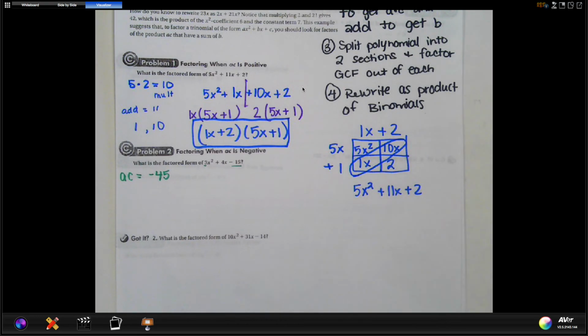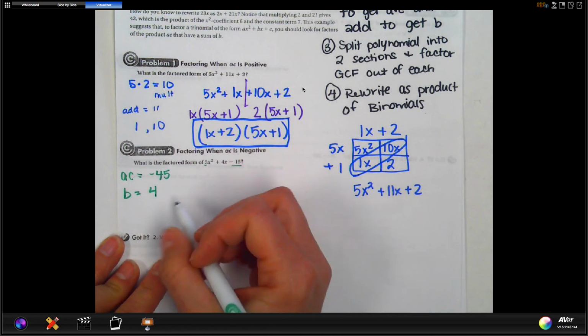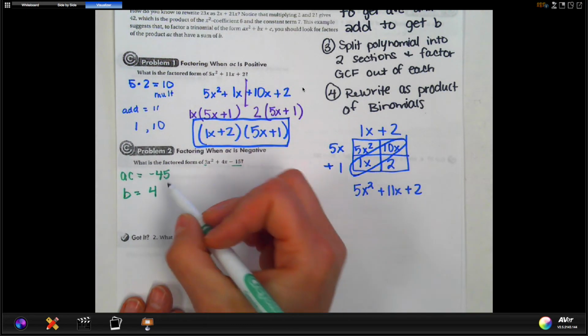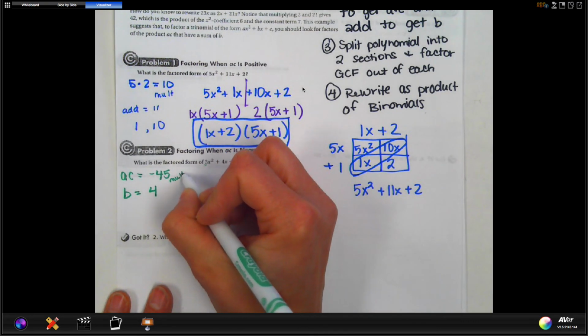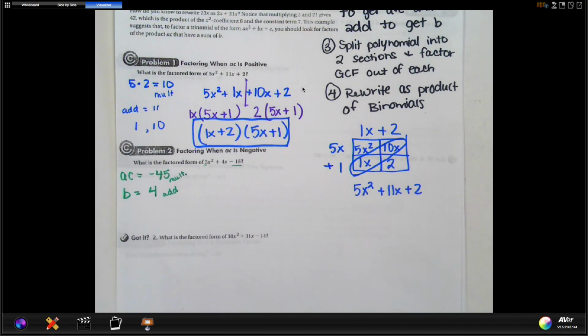What do they have to add to get? 4. They have to add to get 4, okay? So we are looking for numbers that multiply to get negative 45 and add to get 4, okay? So let's think about this for a second. What two numbers multiply to get negative 45 and add to get 4?